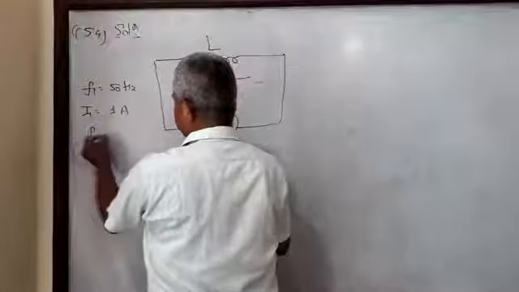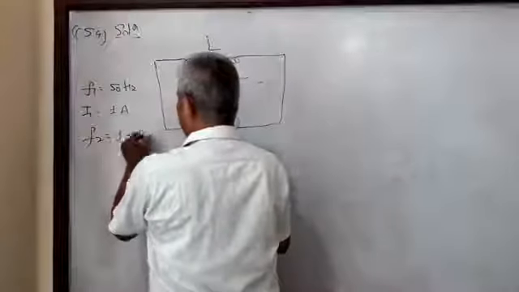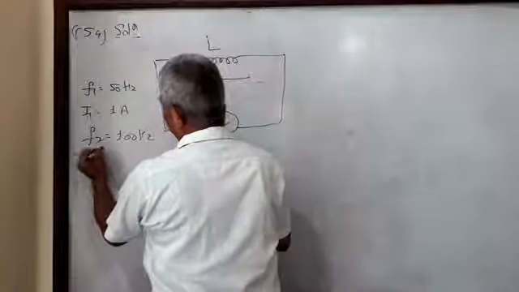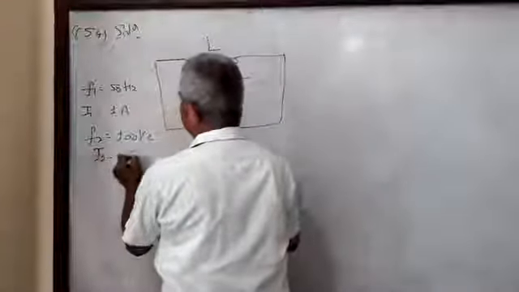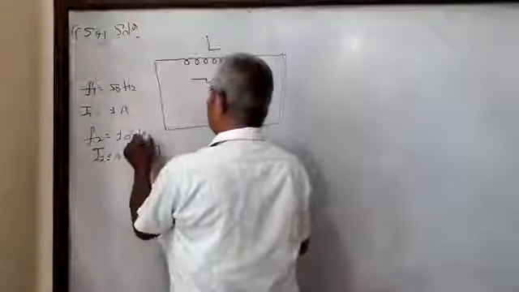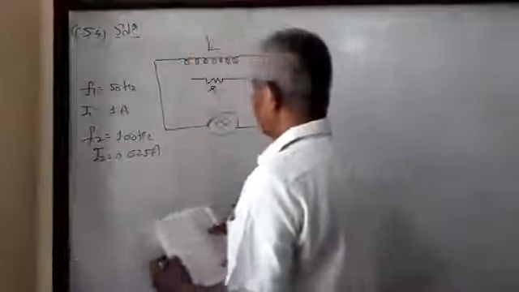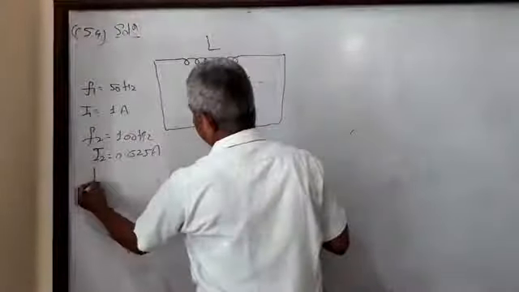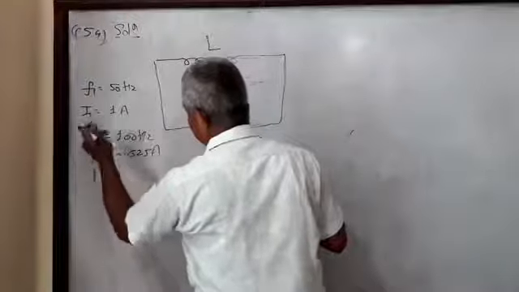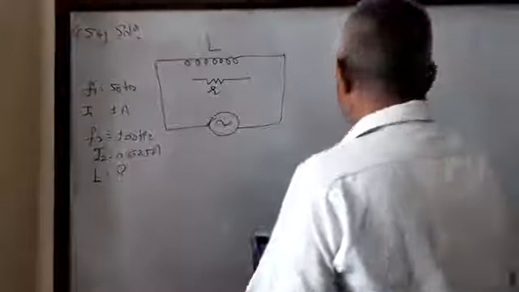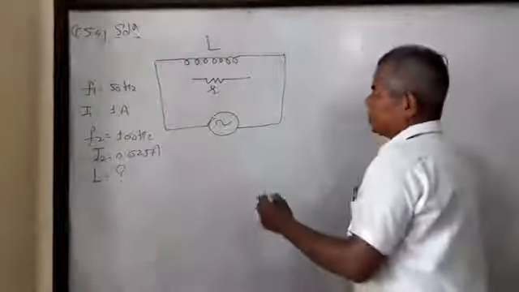When frequency is 100 Hz, then current I2 is 0.625 ampere. From here we have to find L of the coil. L is equal to what?